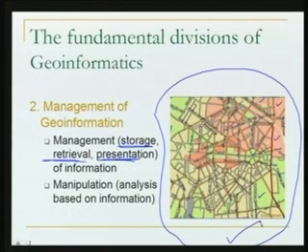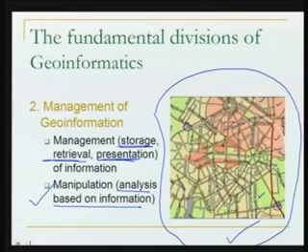Now another aspect of management of geoinformation is manipulation. As I am writing here in the slide, manipulation means analysis of geoinformation so that we can come out with some results, some answers. One example here, as we can see in this map: let us say I want to start from a particular junction in the town and reach another junction in the town.